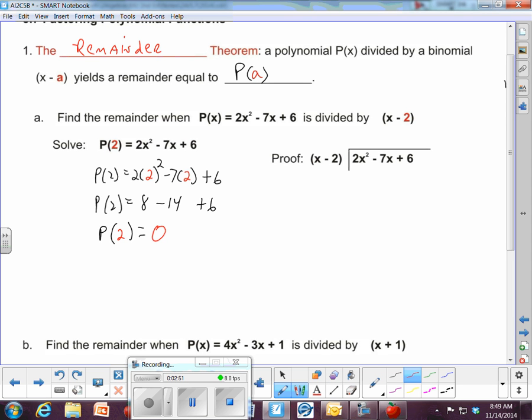Okay, so what we're saying then is a polynomial divided by a binomial yields a remainder equal to P of A. What we're saying then is this, that this 0 is the remainder. That's what we're saying. 0 is the remainder.